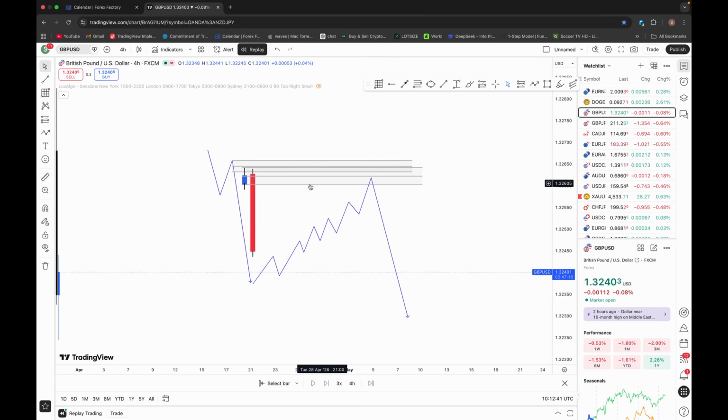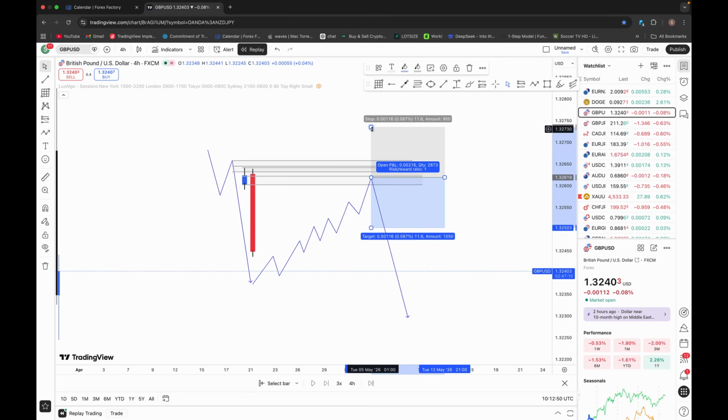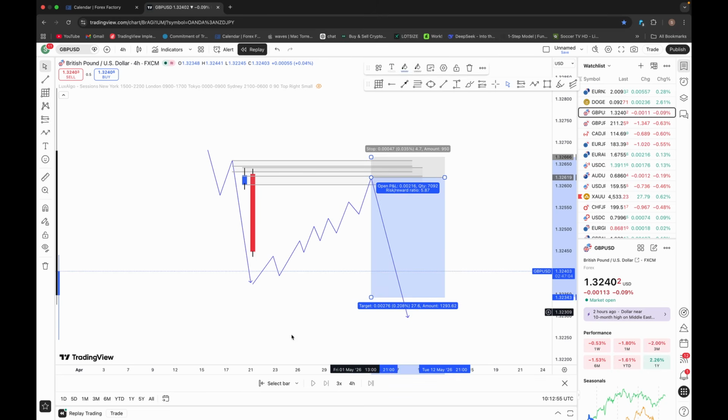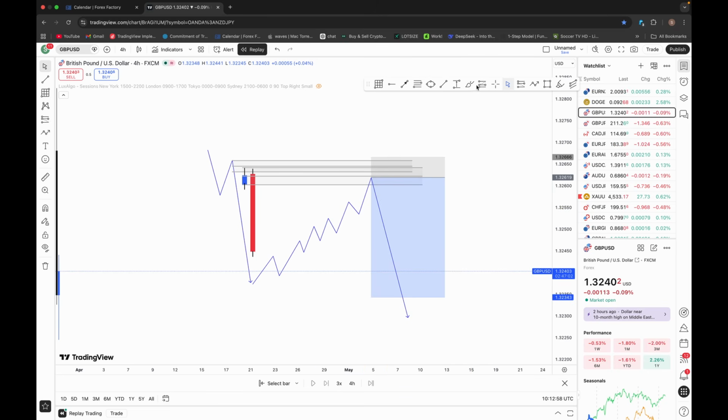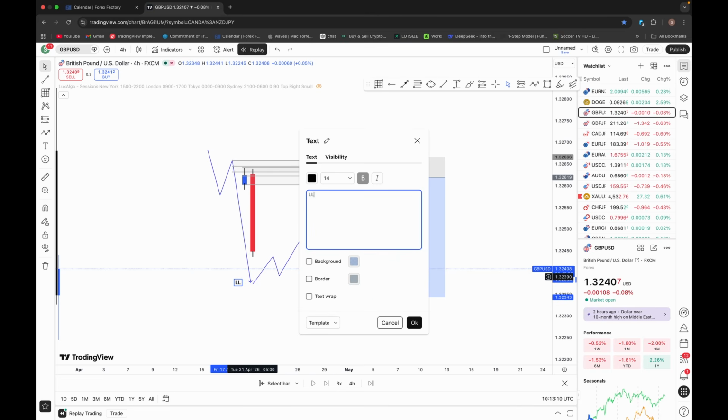Because in this case, if we enter right here, our stops will be a few pips just above that supply zone, and our targets are previous structures. In this case, our target could be the lower low, because remember, as the market is moving down, we are creating lower highs and lower lows. So for a sell example, that is when we would want to see a lower low.